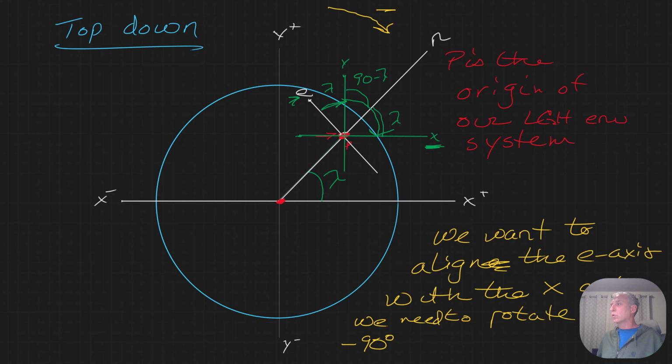So in effect, we're rotating minus lambda minus 90. If I pull that negative out, it's the same as minus the quantity lambda plus 90. Same thing. So you can use either form, right?